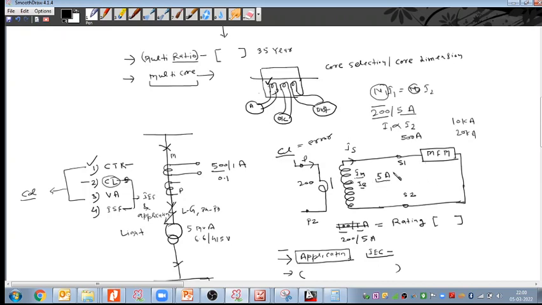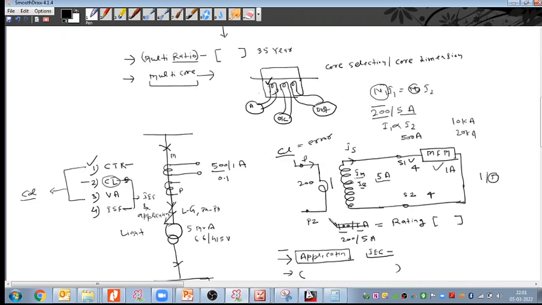So what will happen? This connected burden, this connected instrument, plus this cable is 4 square mm, and this connected instrument is designed for 1 ampere. As CT comes in two secondary ratings, 1 ampere or 5 ampere, at most they can bear up to 5 ampere.